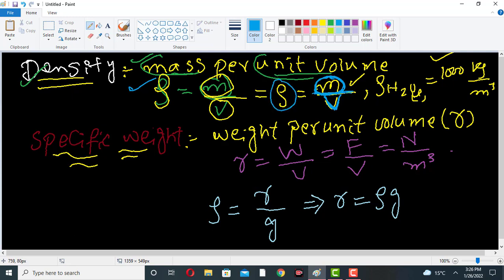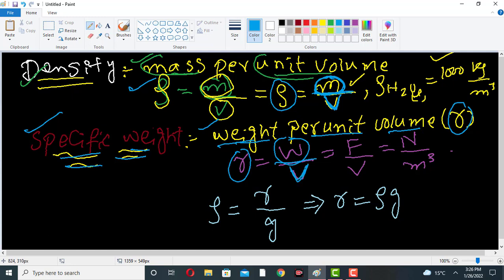Now there is another term which is called the specific weight of the fluid. Specific weight is nothing but weight per unit volume. It is denoted by gamma, and gamma is equal to weight divided by volume. So the weight or the force applied on unit volume of the fluid is called gamma or specific weight.